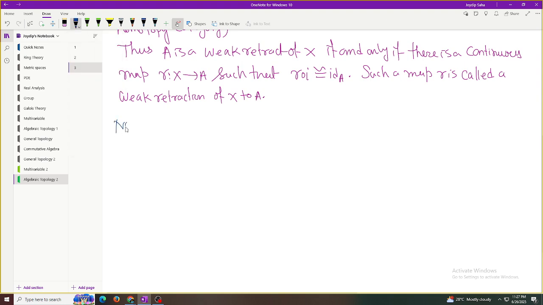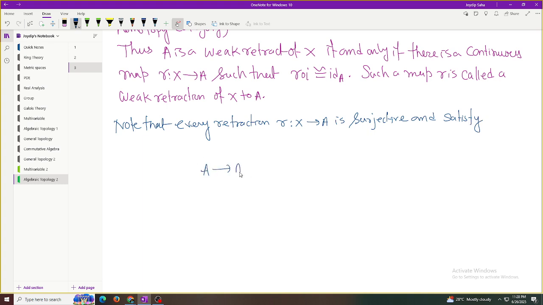Note that every retraction R from X to A is surjective, because on A it is identity and satisfies the commutative diagram.